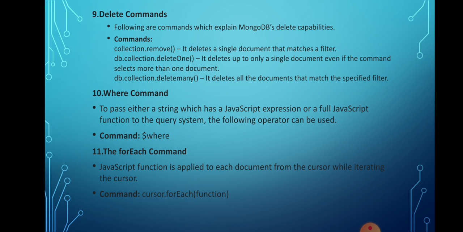When a command selects more than one document, then we can use db.collection.deleteOne. Next command is db.collection.deleteMany. This command is used to delete all the documents that match the specified filter.